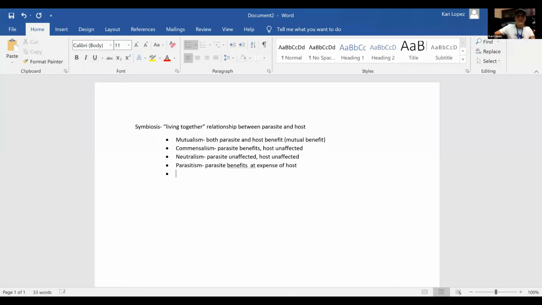Yes, and there are two forms of parasitism. One is successful. A successful parasite establishes an equilibrium with the host so both can exist. So it still benefits at the expense of the host, but long term, the host exists.